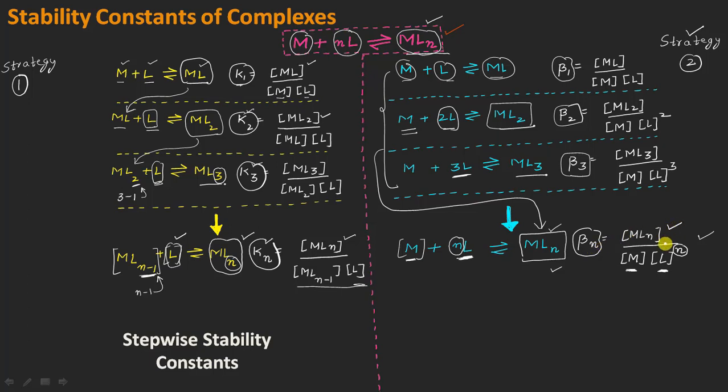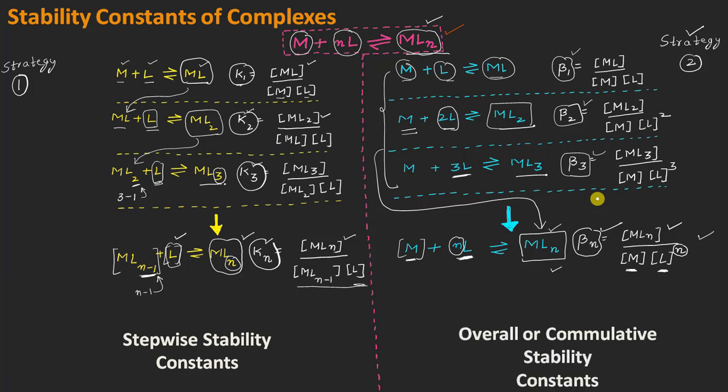And this type of strategy, or these types of equilibrium constants, I mean beta 1, beta 2, beta 3 and beta n, are known as the overall or the cumulative stability constants, right? So on one side we have the stepwise stability constants, and on the other side we have the overall or cumulative stability constants.